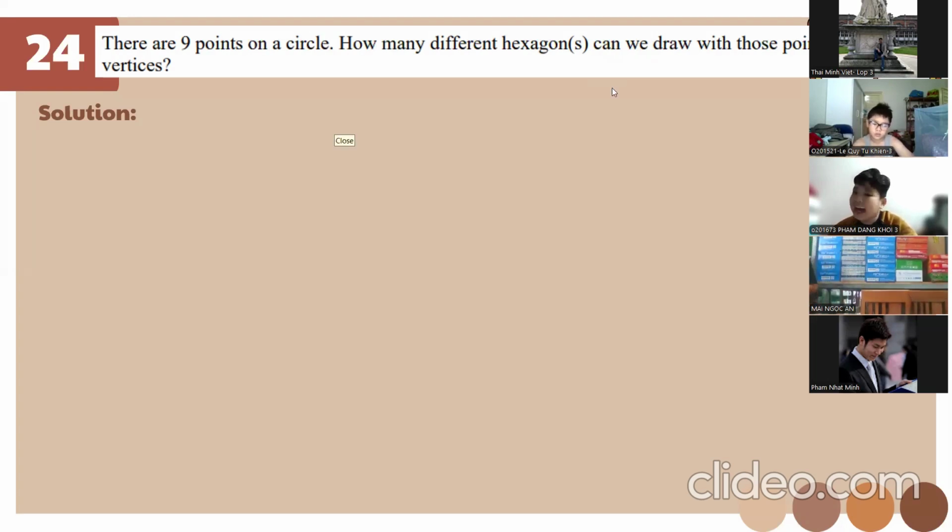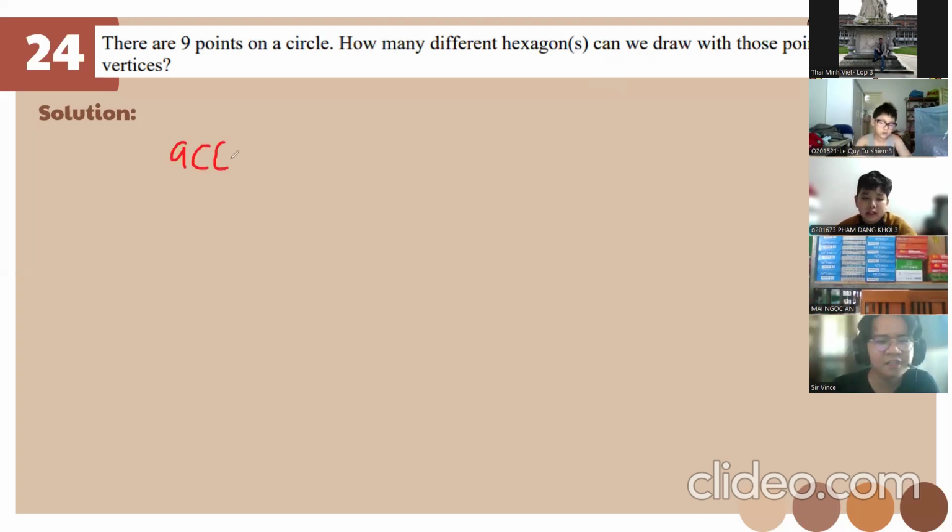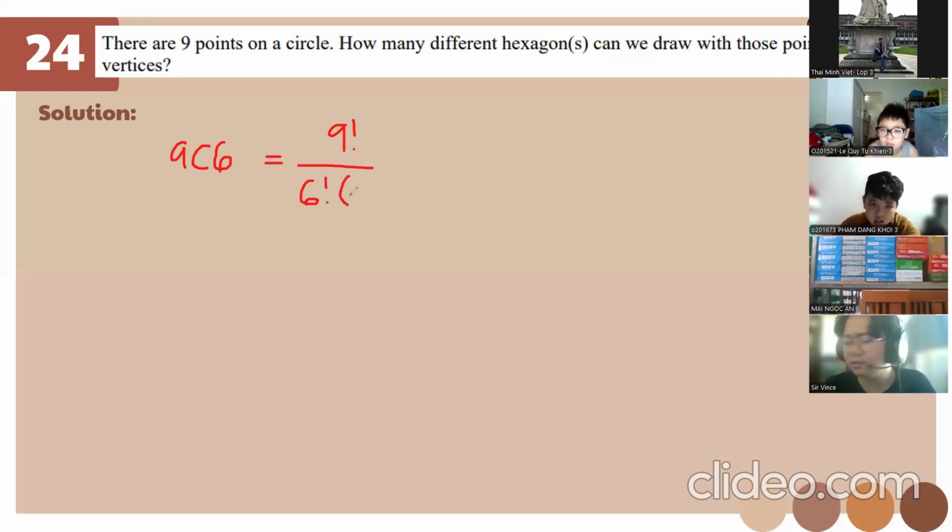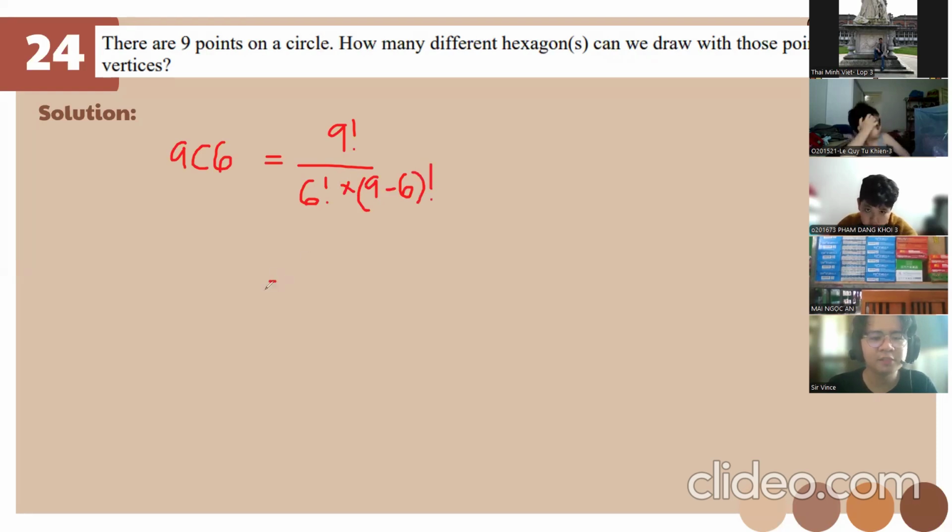Then 9 points. So you can just do this 9 combination of 6. So this is actually 9 factorial over 6 factorial multiplied by 9 minus 6 factorial. So this becomes 9 factorial over 6 factorial times 3 factorial.